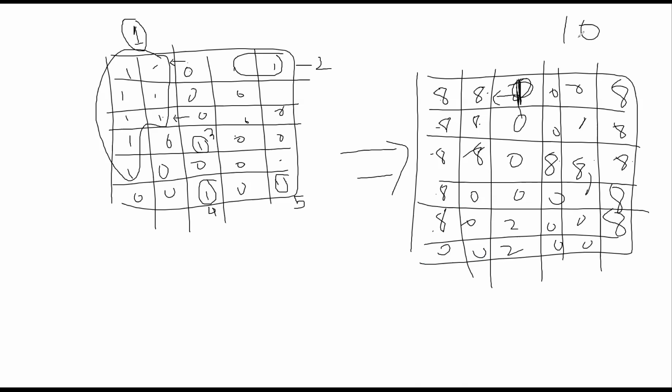So I could update this number, or I could keep a max number where I store 8 plus 1. That will give me 9. For now I get that if I change this value, then I'll get a 9 as maximum. Similarly, I could go to other cells and check and keep the maximum.